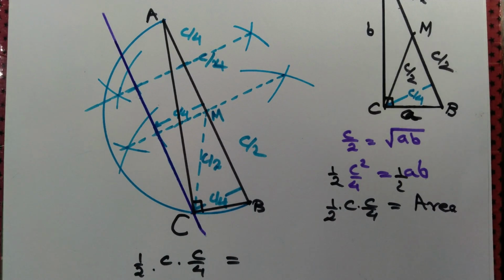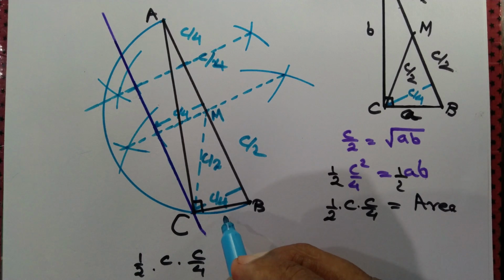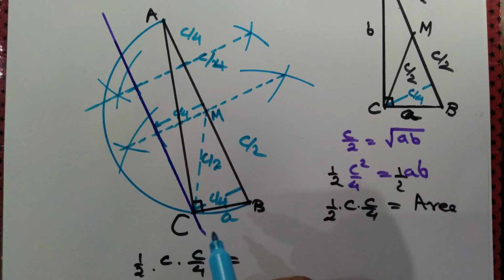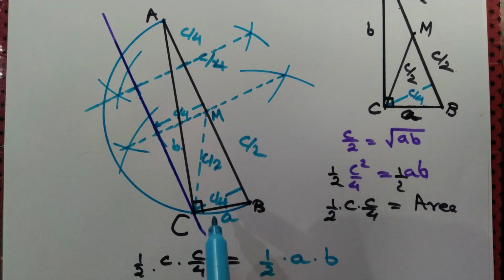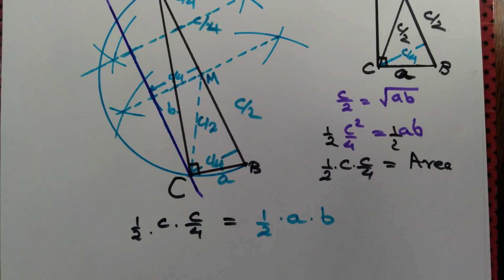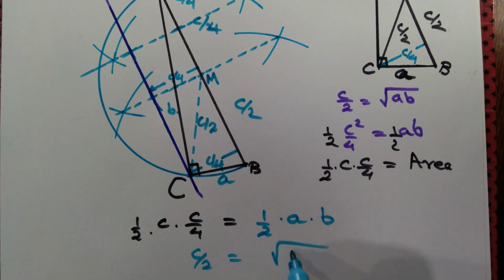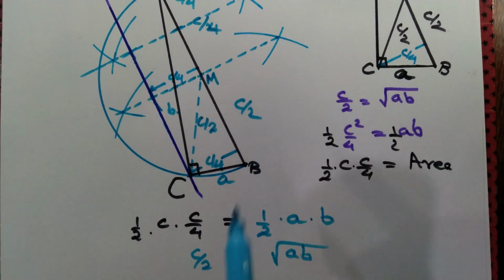That's equal also to the area of the triangle, because angle C is 90 degrees, so half A times the other perpendicular B. Half base times perpendicular, so half A times B. Let's simplify that out. We can cancel half out and take the square root to obtain C by 2 equal to root AB. Yes, the geometric mean of the lengths of the two legs is exactly equal to the length of the median.